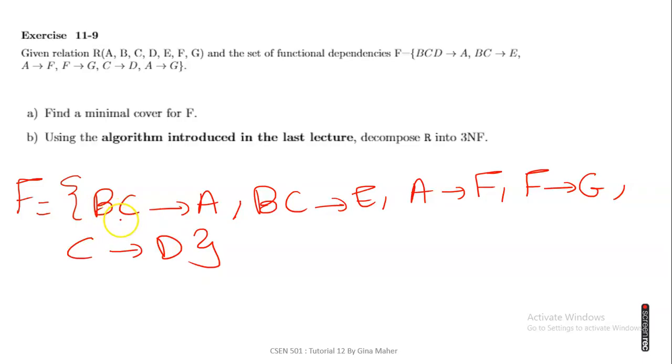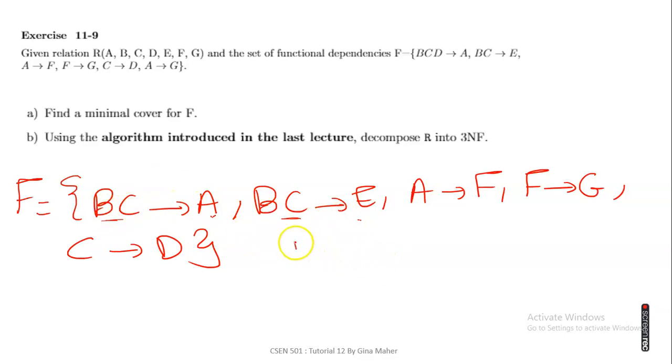Now we want to get, using the algorithm, the decomposition in the third normal form. The steps of the algorithm were first to get the minimal cover and then to turn each dependency into a relation, by getting the common attribute and putting with it the attributes that are dependent on it.